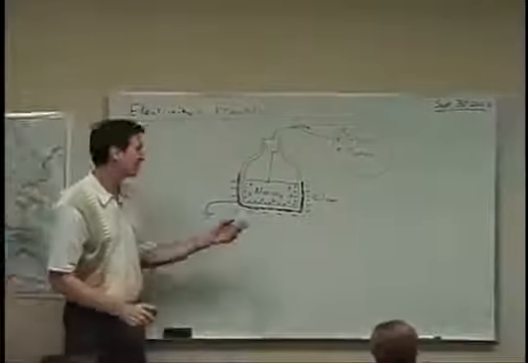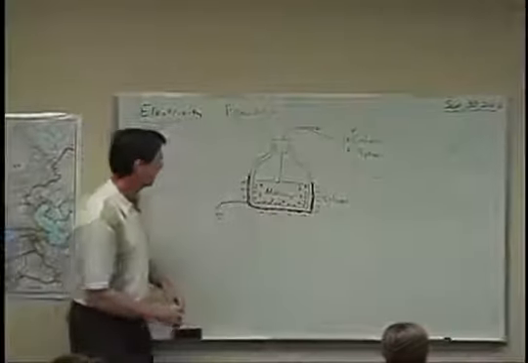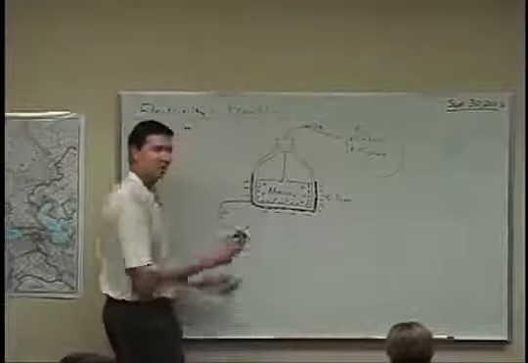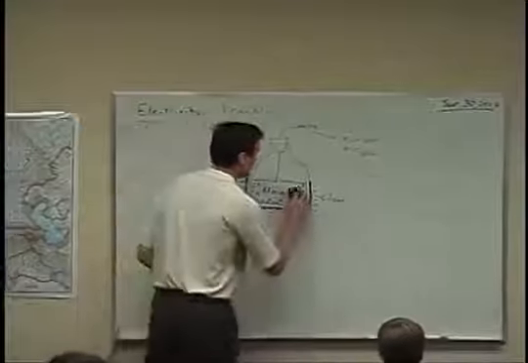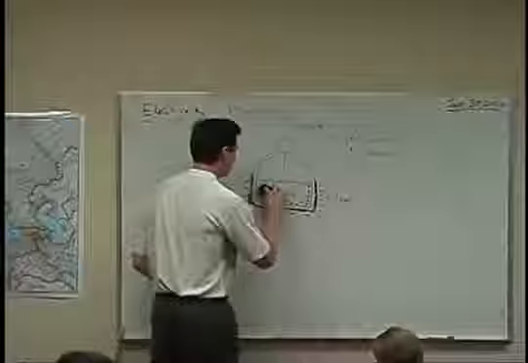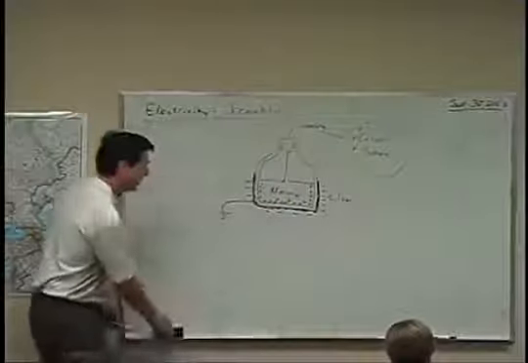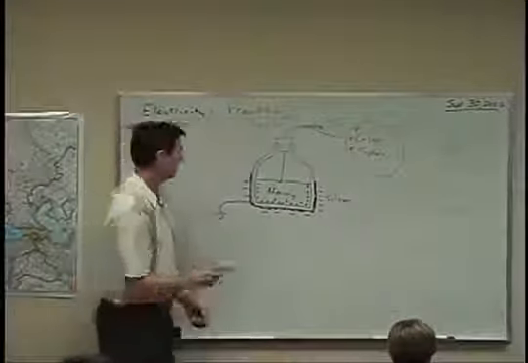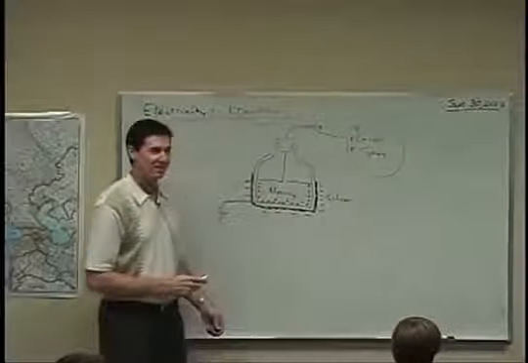So that's actually what's going on here. It's not like you're filling the whole jar up with electricity. All the electricity you're putting into this jar just piles up on the edges.